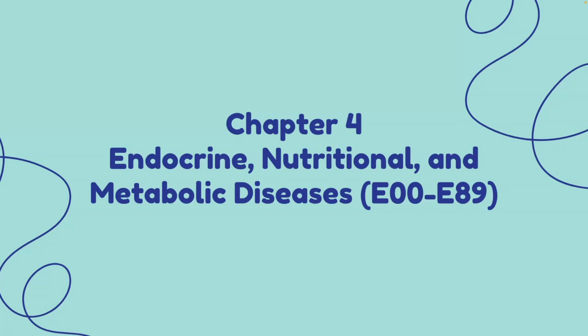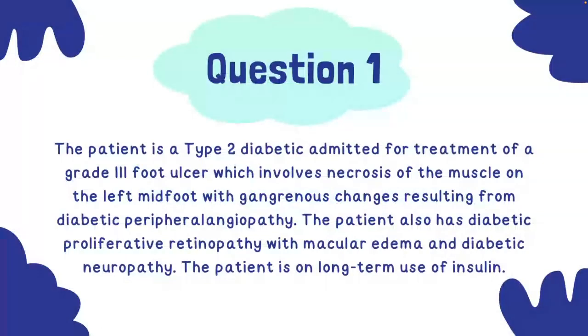All right, everyone, we're going to go ahead and get back going. So I apologize for that. So here is the correct scenario. The patient is a type 2 diabetic admitted for treatment of a grade 3 foot ulcer, which involves necrosis of the muscle on the left midfoot with gangrenous changes resulting from diabetic peripheral angiopathy.